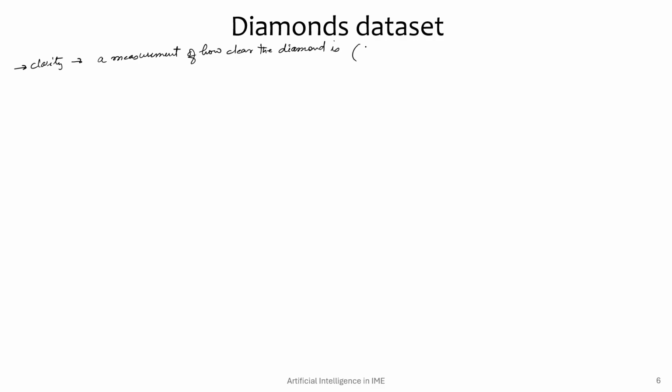So it can go from I1, which is worst, or SI2, SI1, VS2, VS1, VVS2, VVS1 and IF, which is the best clarity.